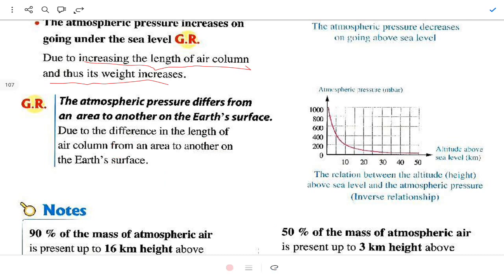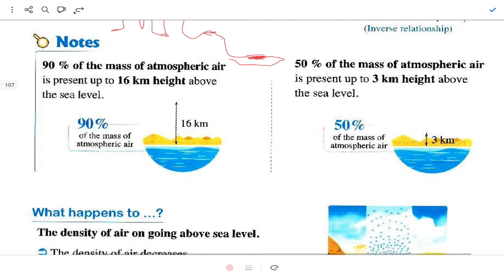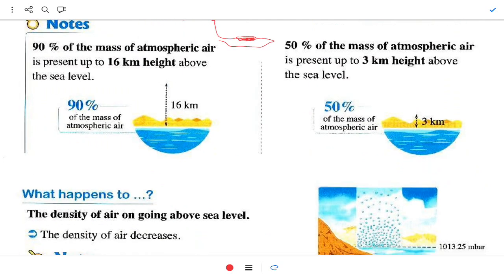And now take this note. It's incredible information. You will know that 90% of the mass of atmospheric air is present up to 16 kilometers height above the sea level. 90%.